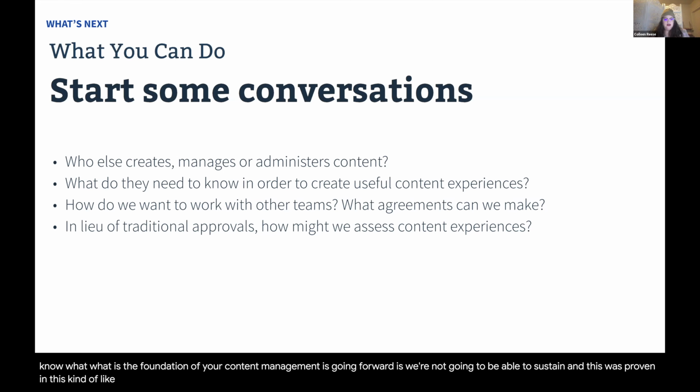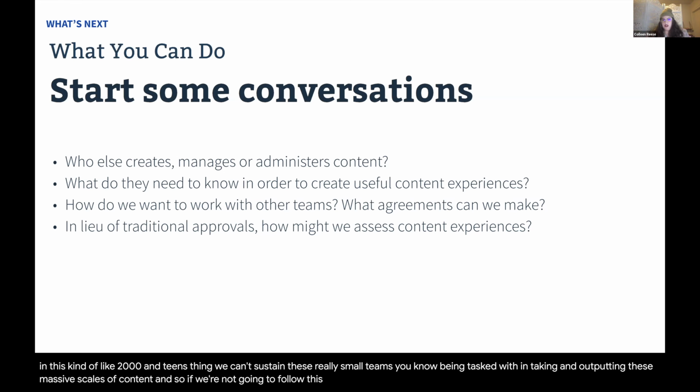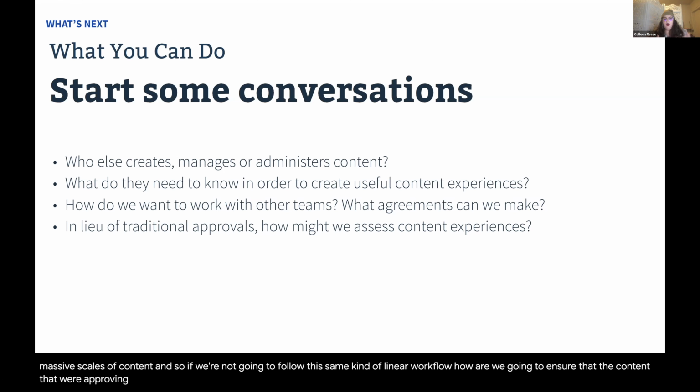We're not going to be able to sustain, and this was proven in the 2010s, these really small teams being tasked with intaking and outputting these massive scales of content. And so if we're not going to follow this same linear workflow, how are we going to ensure that the content that we're approving or monitoring is of a particular quality?